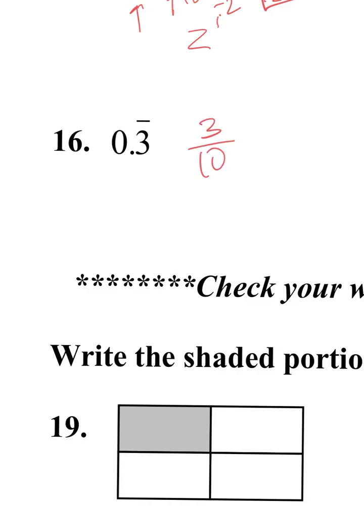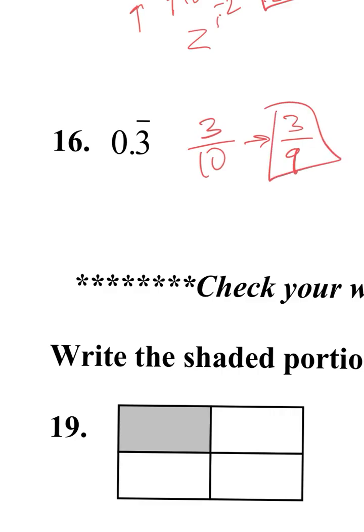But since it is repeating, we're going to subtract 1 from the denominator. So we're actually going to keep the digit 3 the same, and 10 minus 1 is 9. Again, this is a little bit of a funky explanation, but it does work in this case. Once we get to more digits and more numbers, we'll talk about that later. But for right now, 3/10ths repeating is this right here.